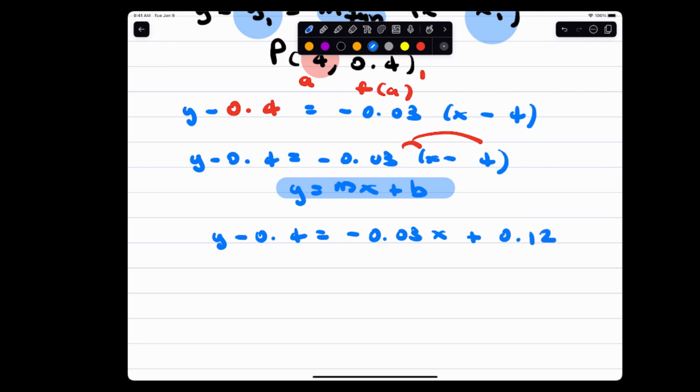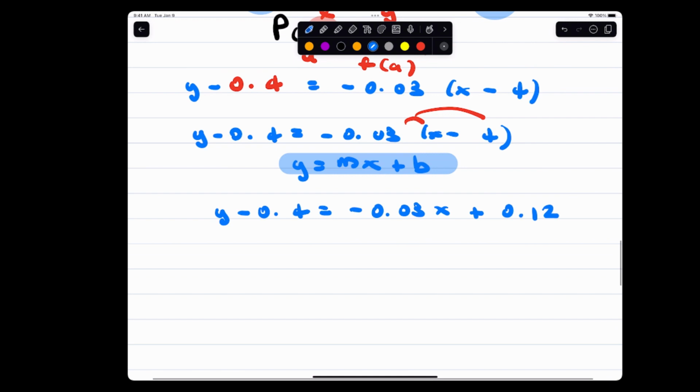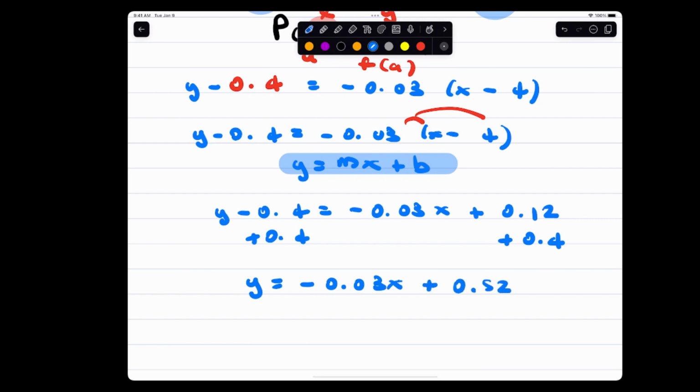I'm not awake and I don't have all the coffee in me yet. Now add 0.4 to both sides. So y is going to equal negative 0.03x plus point what? I think it's 0.52. Double check, ladies and gentlemen.